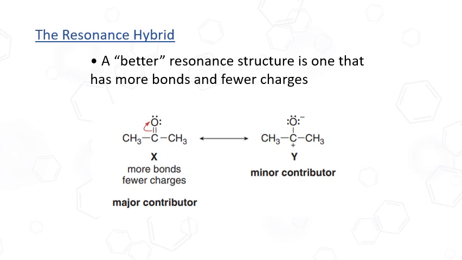Now, how do you decide that a resonance form is the major contributor? Okay, take note of this: the better resonance structure is the one with more bonds and fewer charges. In our example, structure X has double, single, single, so that's 4 bonds in all, whereas structure Y only has 3 single bonds, and you have multiple positive and negative charges in your structure.